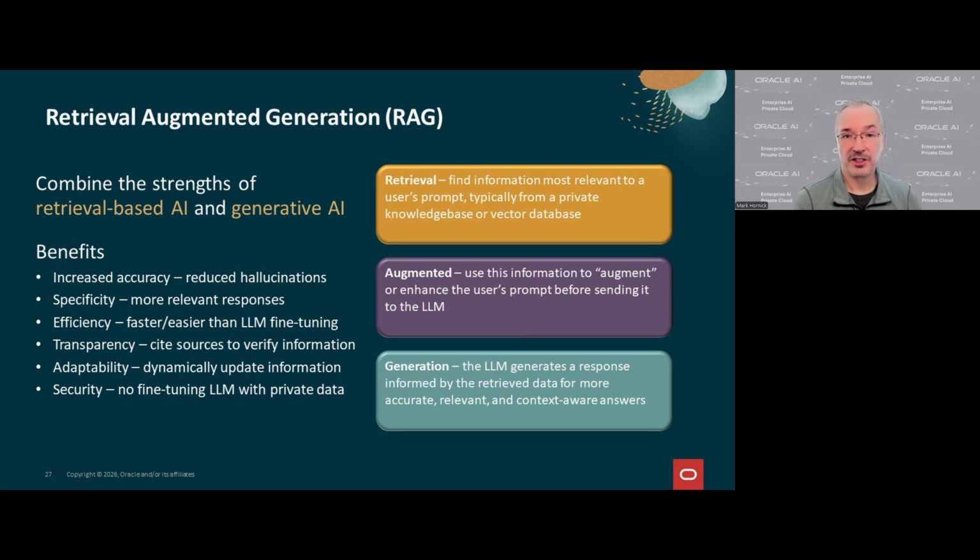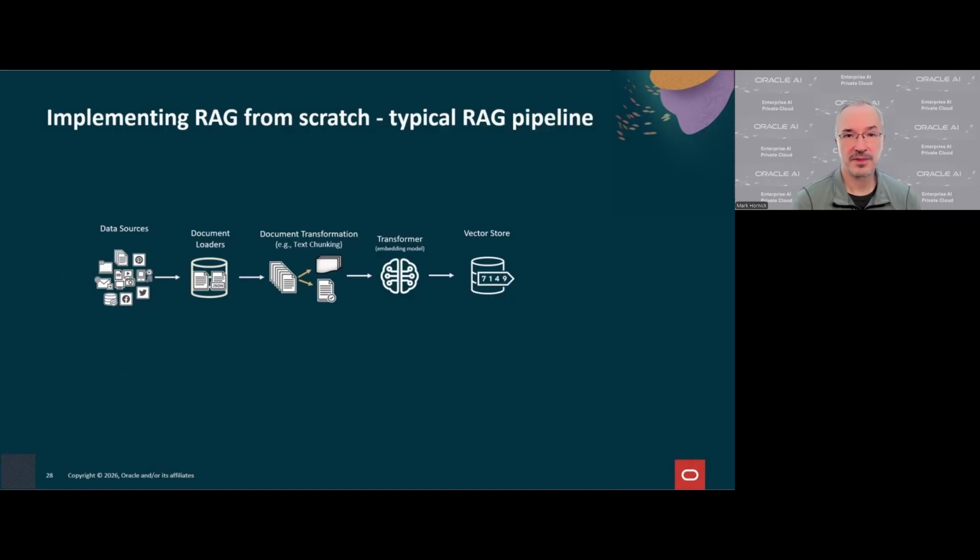RAG has clear advantages, from increasing accuracy to security. But let's take a high-level look at the RAG process. First, retrieve information relevant to the user's prompt from a vector database. Then, augment your prompt with these relevant document chunks. And finally, send this augmented prompt to the LLM, and this generates a response that incorporates the up-to-date retrieved content.